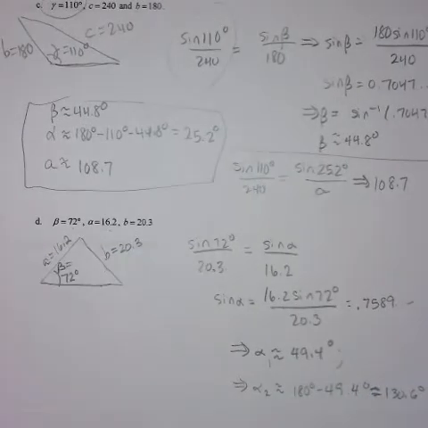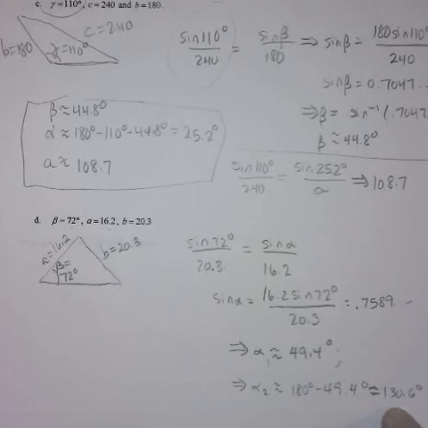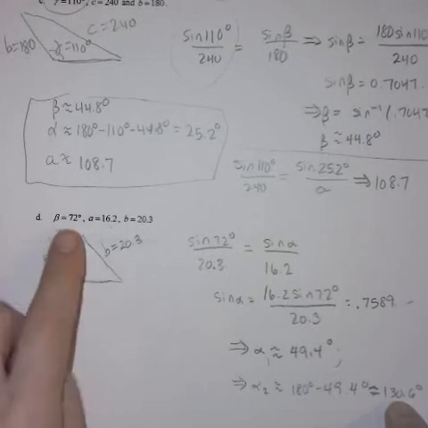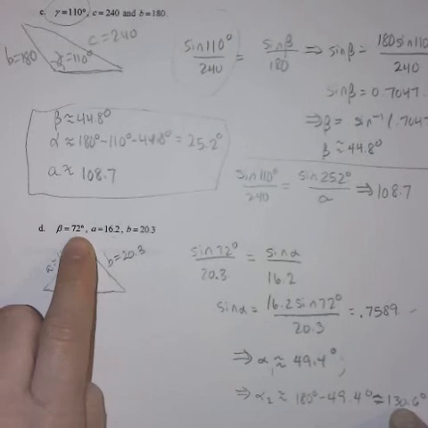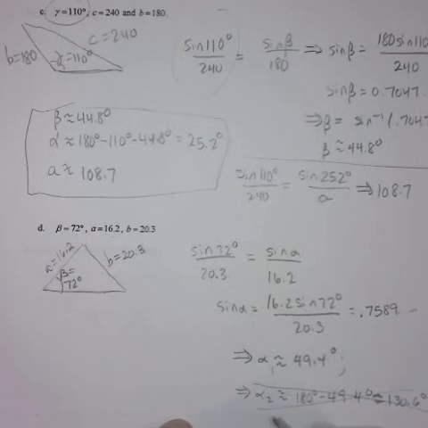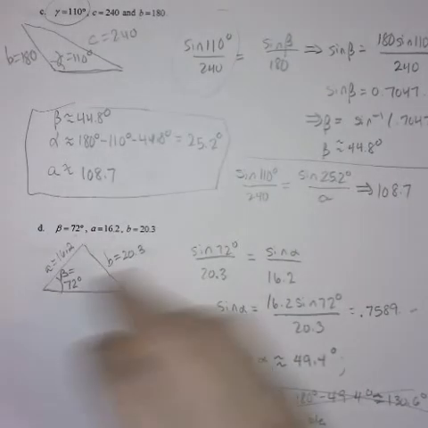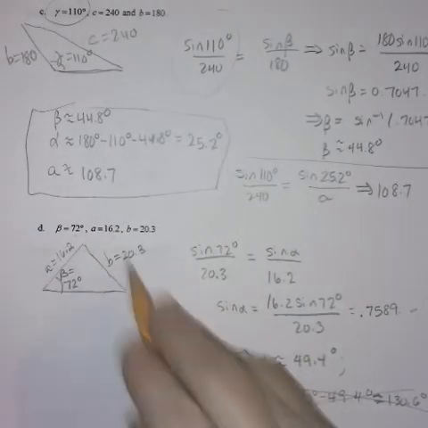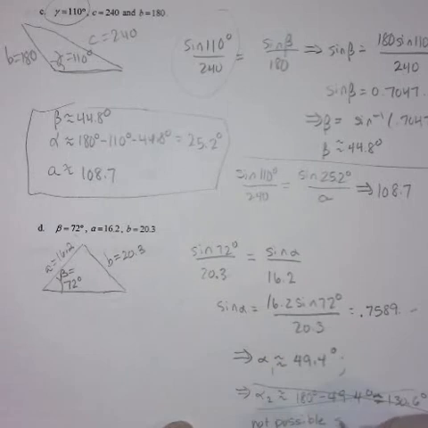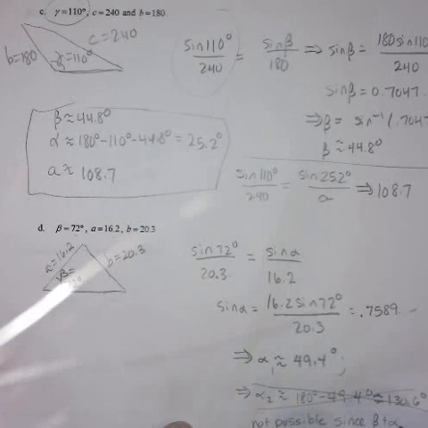And so then you have to notice at this point that when you add that to the angle given, 72, that adds up to over 200 degrees. That's not possible. So the mathematics will support what you see here in the picture, since beta plus alpha 2 is larger than 180 degrees.